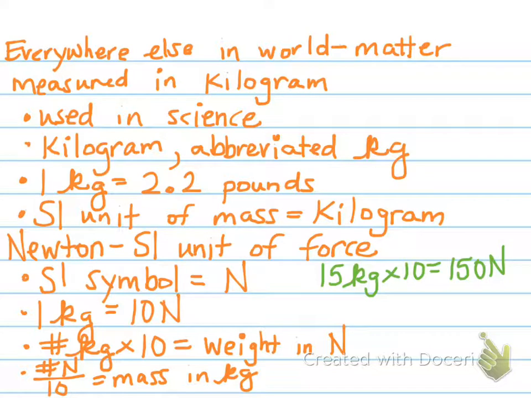If I have 20 newtons, and I want to know the mass in kilograms, I would divide it by 10 and get 2 kilograms. Okay, so that's how you can change between those units. All right. The last section kind of goes back to Copernicus's idea about the moving Earth.